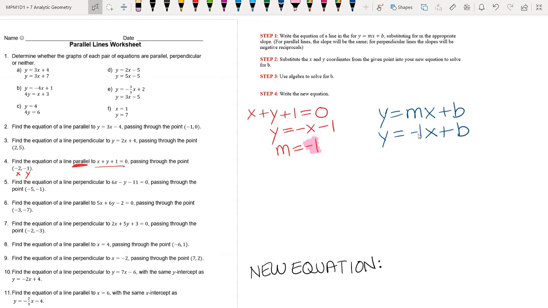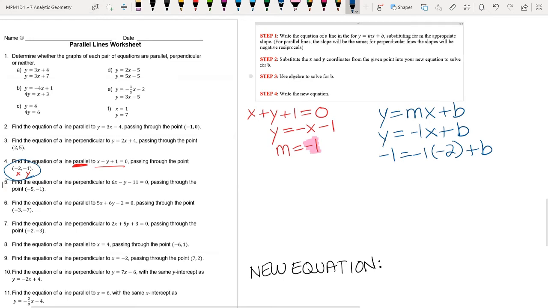And then I'm now going to substitute in for y negative 1. And I'm going to substitute in for x negative 2. Plus b, and you can see where I got those values from. I got them from over here. Okay, I'm following step number 2. I take the x coordinate, the y coordinate, and I substitute it into the equation.